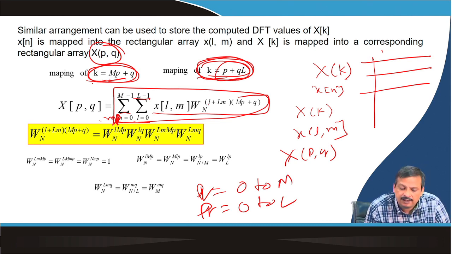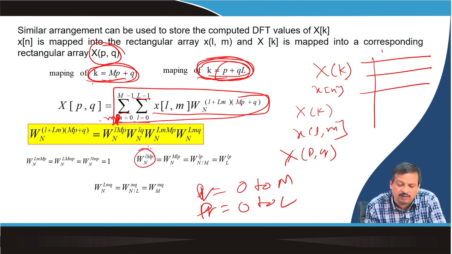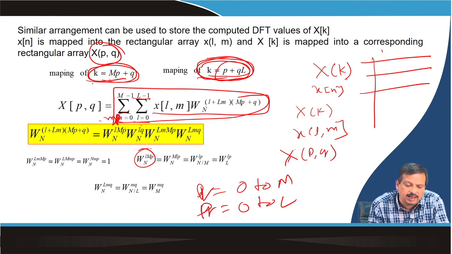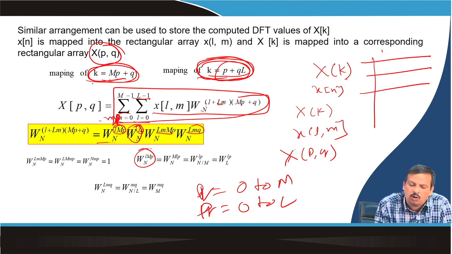Now, I can say I have 4 Wn products: Wn to the power l into mp, this one is 1, then small l and q, then lm multiplied with mp, and then lm will multiply with q. So those are the 4 Wn terms I will get.